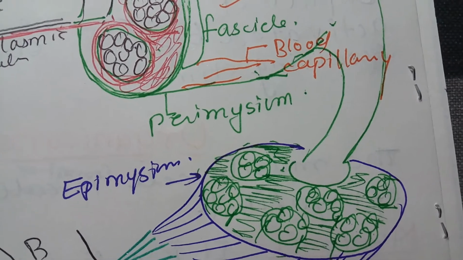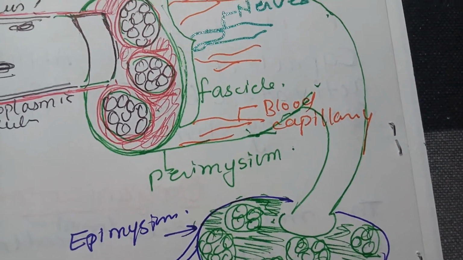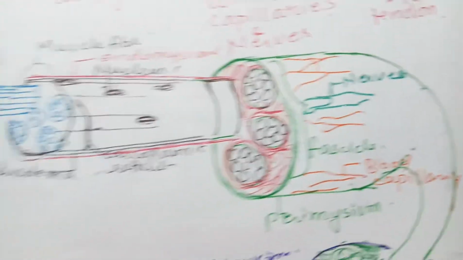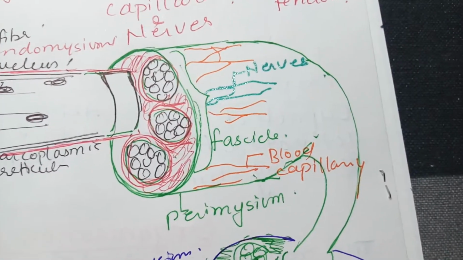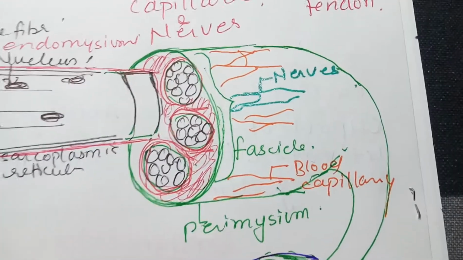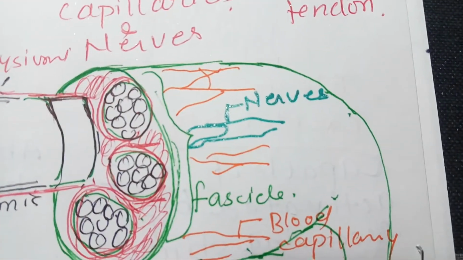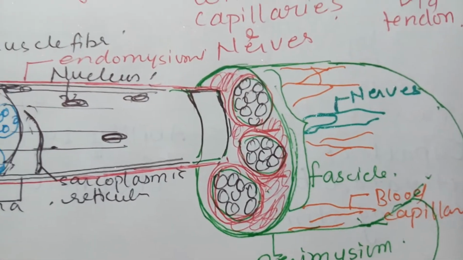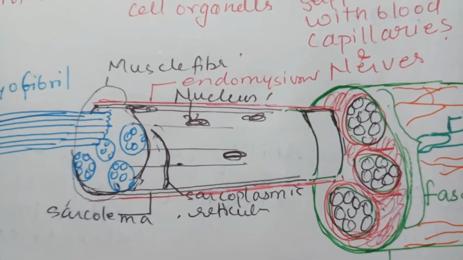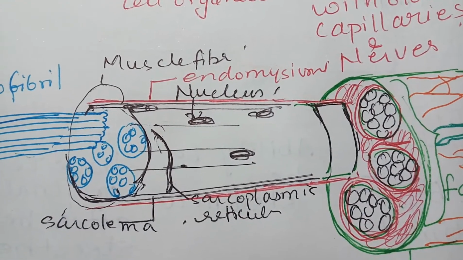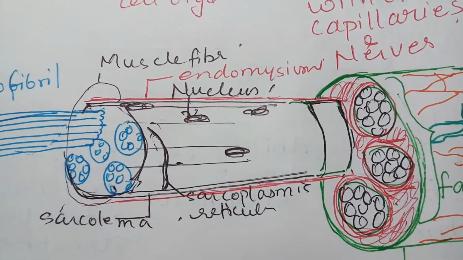Now if you look at the structure, the fascicle in turn consists of so many muscle cells. The fascicles are surrounded by perimysium. They are supplied with nerves and blood capillaries. The fascicle consists of muscle fibers or muscle cells. So the muscle cell has all the things.